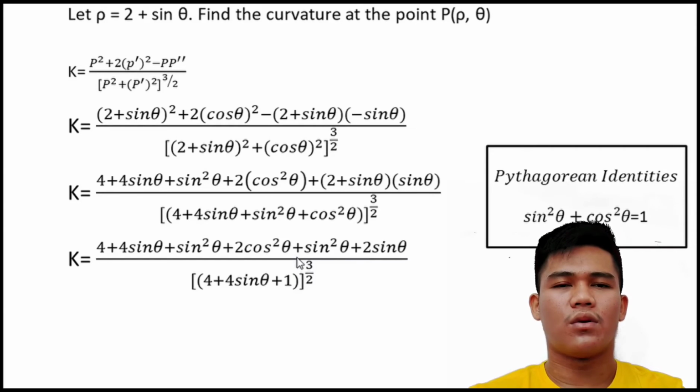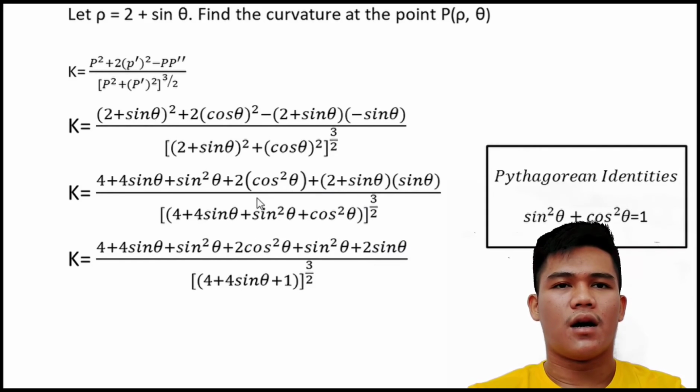In the numerator, we use the distributive property: 2 times sine theta is 2 sine theta, and sine theta times sine theta is sine squared theta. In the denominator we have 4 plus 4 sine theta plus 1.